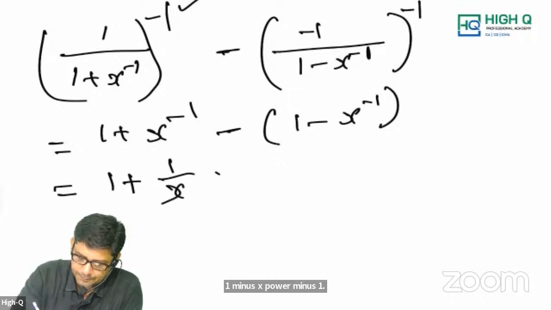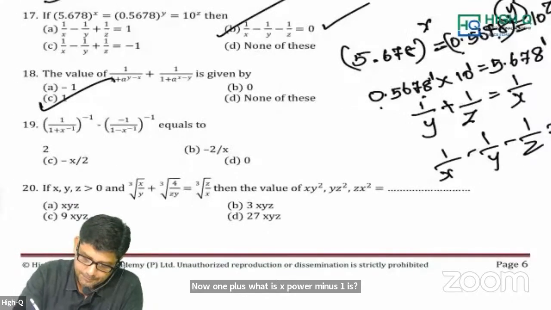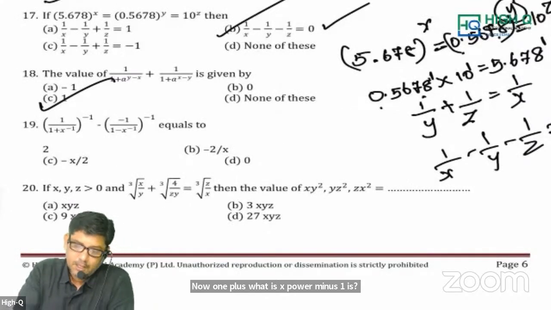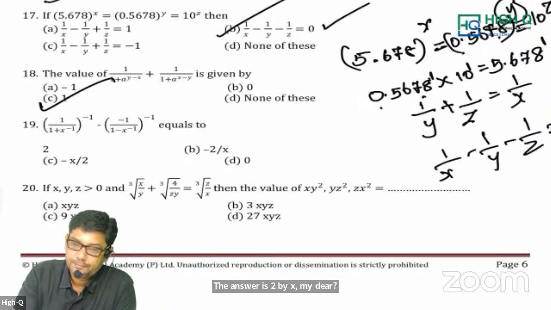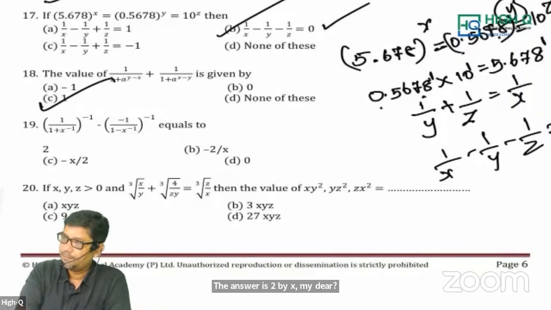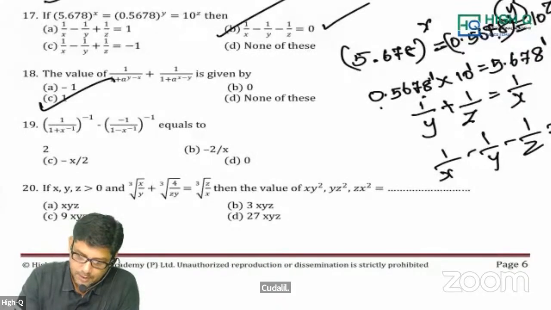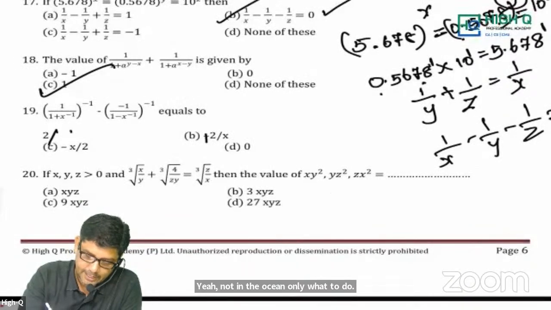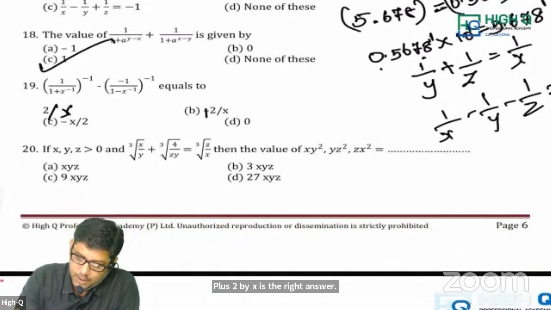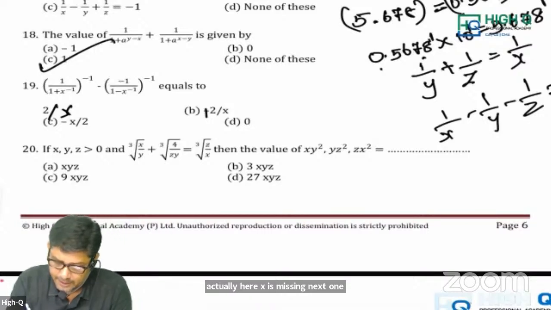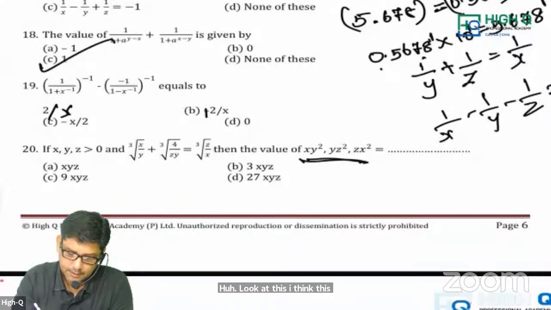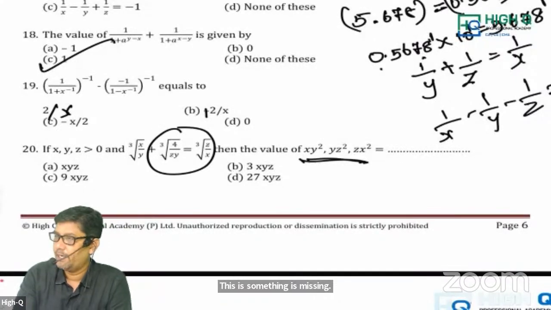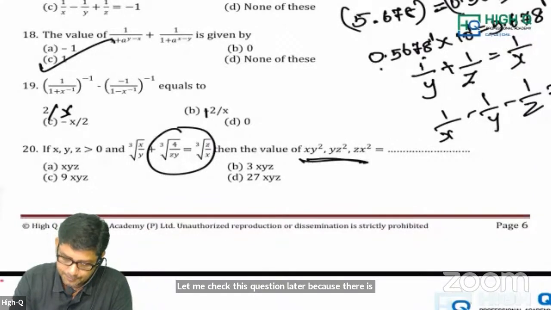Is the answer 2 by x, my dear? Plus 2 by x is the right answer. Actually, here x is missing. Next one. Look at this. I think something is missing. Let me check this question later because there is some printing error.